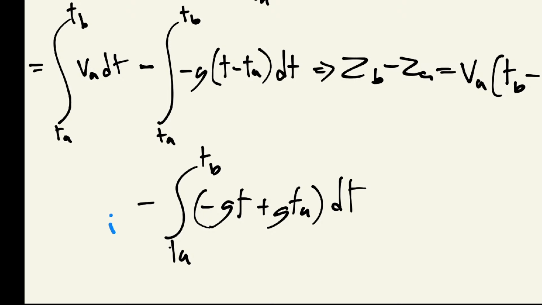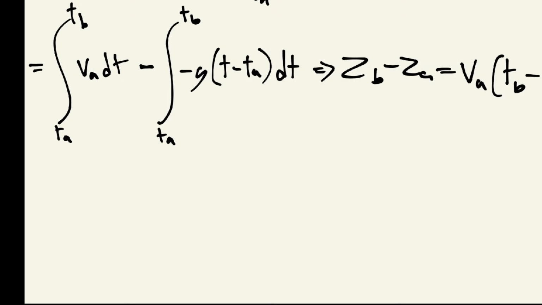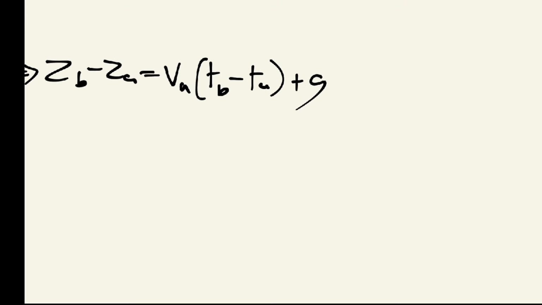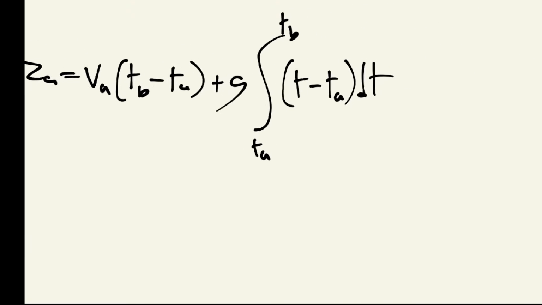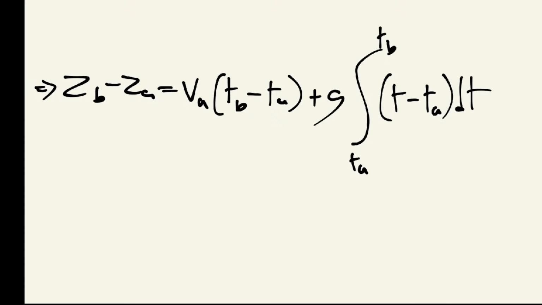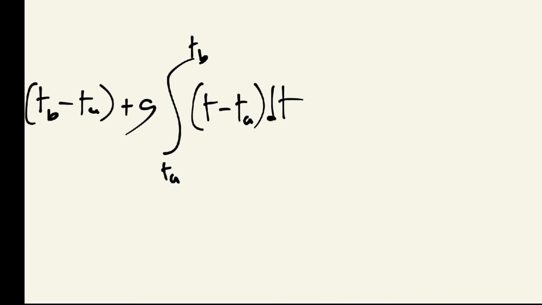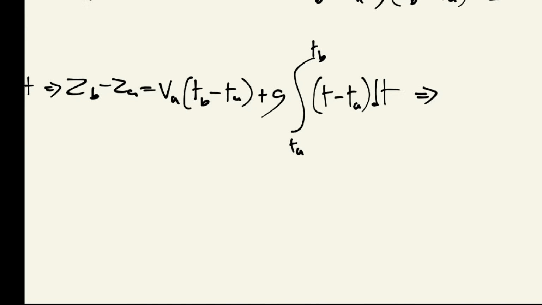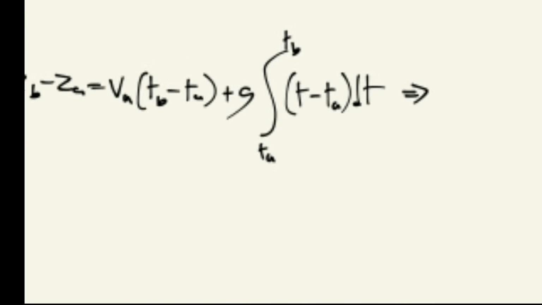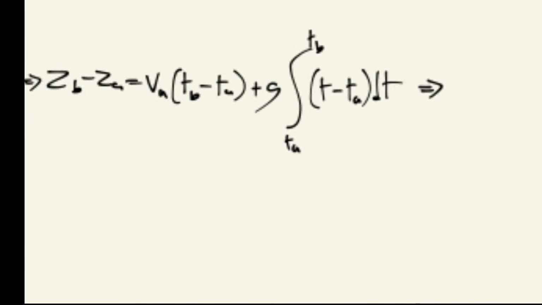Okay, let's just break this down a little bit. It's going to be plus g times the integral from t sub a to t sub b of t minus t sub a times dt, right? That's what we're dealing with. The g came out, and so the negatives canceled, and so that's good. We have an issue.